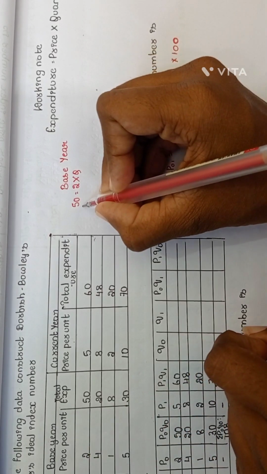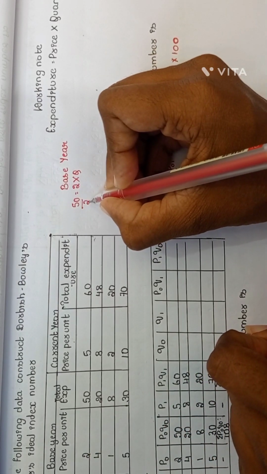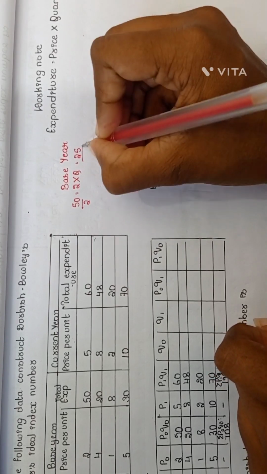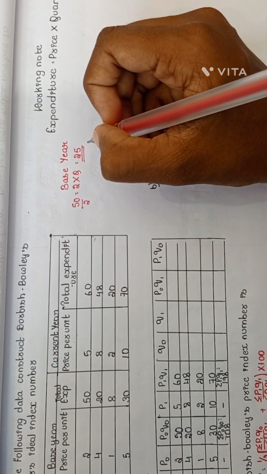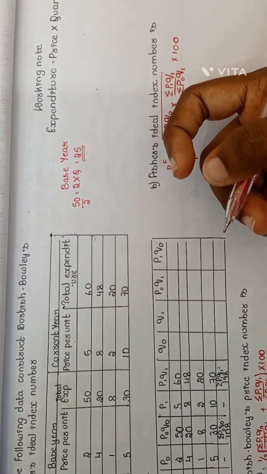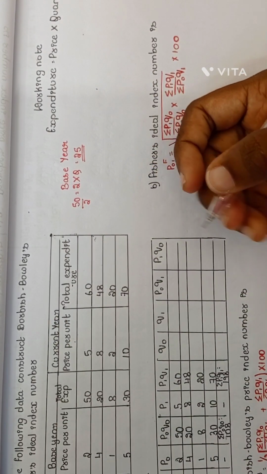So let me divide it. 50 divided by 2 is 25. So the quantity for item 1 is 25. In the same way we have to compute all the things.